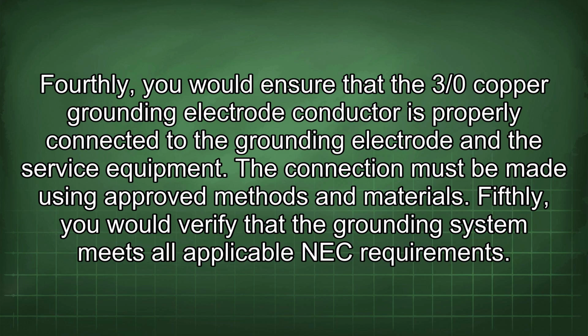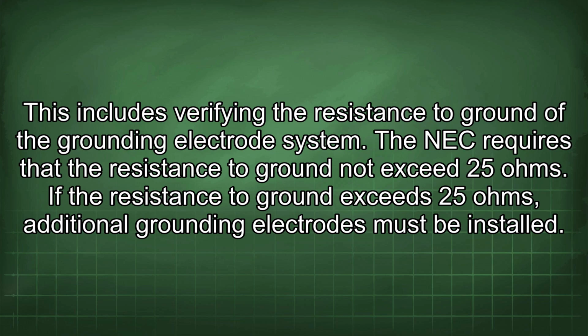The connection must be made using approved methods and materials. Fifthly, you would verify that the grounding system meets all applicable NEC requirements. This includes verifying the resistance to ground of the grounding electrode system. The NEC requires that the resistance to ground not exceed 25 ohms. If the resistance to ground exceeds 25 ohms, additional grounding electrodes must be installed.